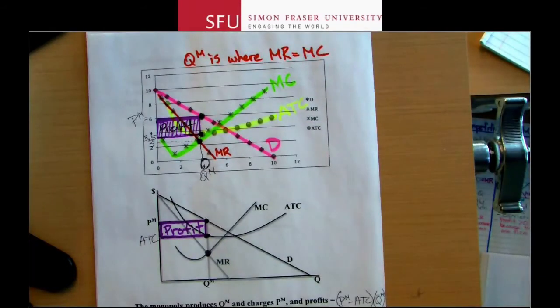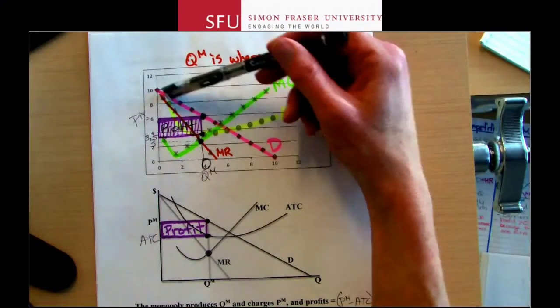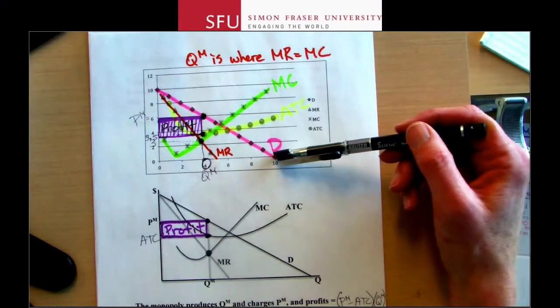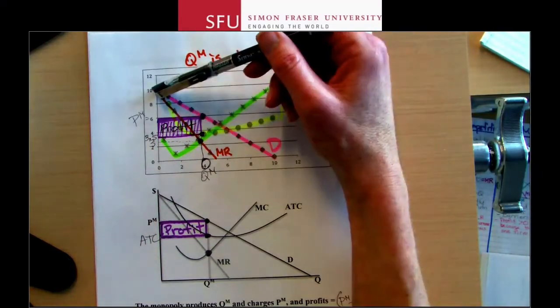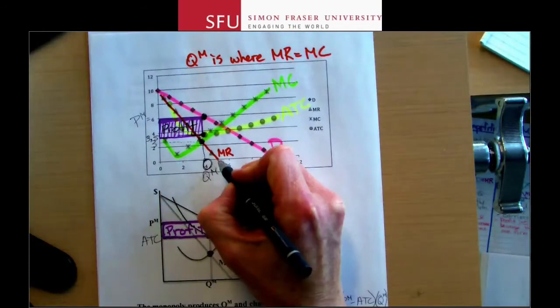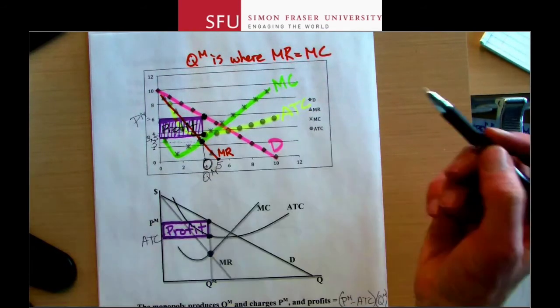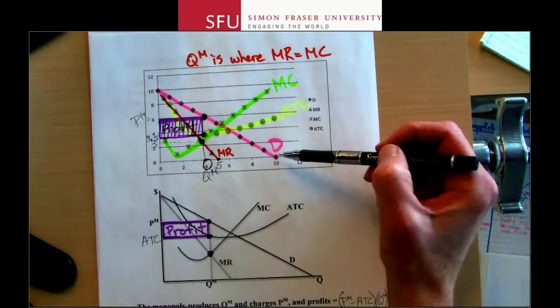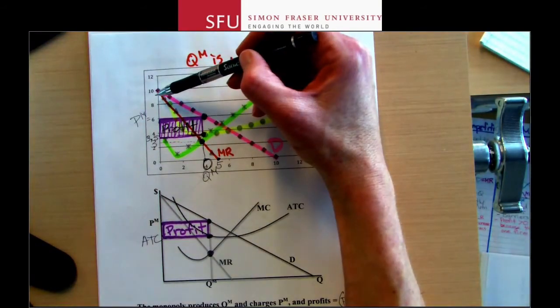So the demand curve in this example started at $10 and went to a maximum quantity of 10. The marginal revenue curve would start up here as well, but it went to this here where it crossed the 0 axis, at 5. So the two curves are related then in that they start at the same place. They would have the same vertical intercept.